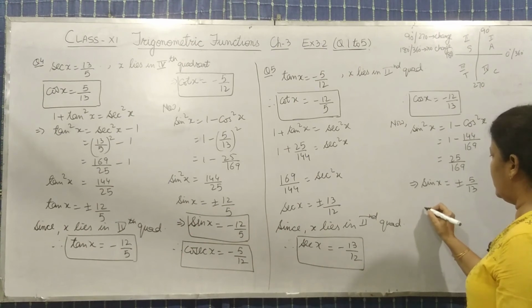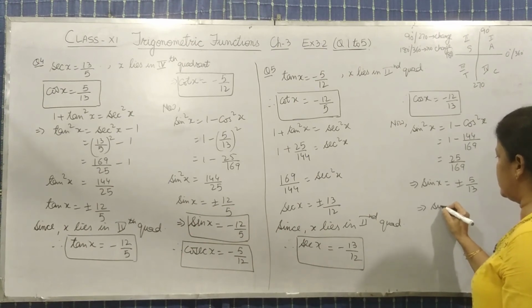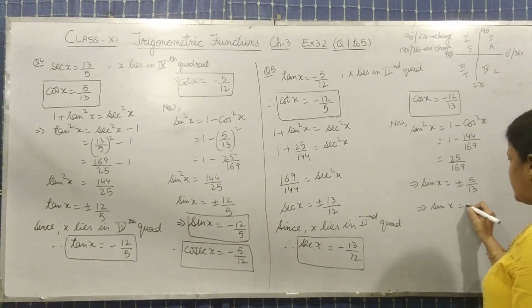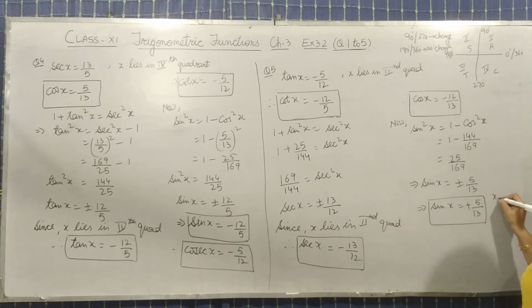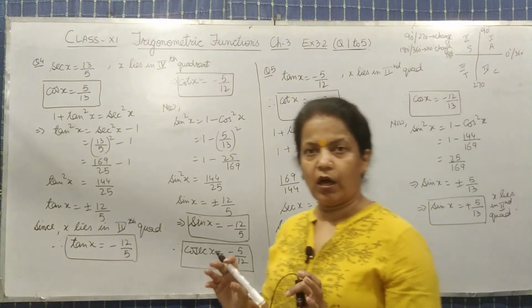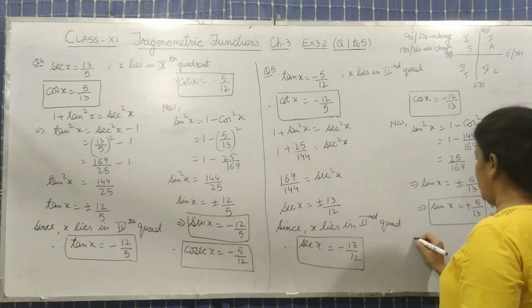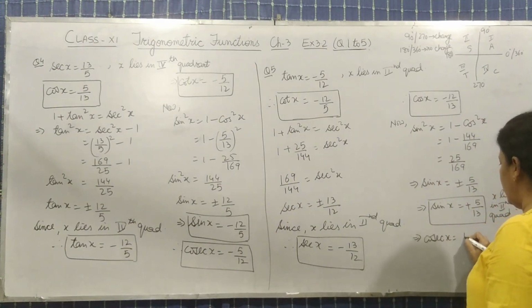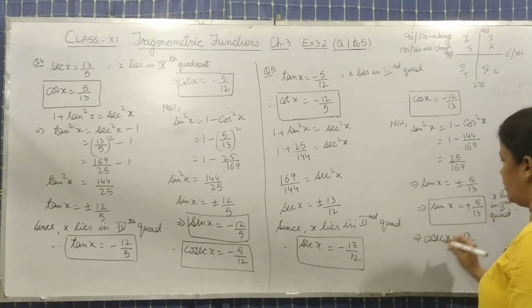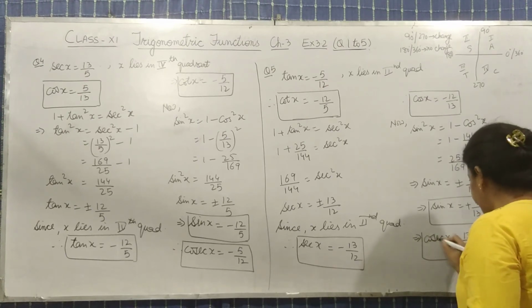So this implies sin x will be a positive value. The reason is x lies in second quadrant. Now we have found sin x. So this implies cosec x will be 13/5, the converse of sin x.